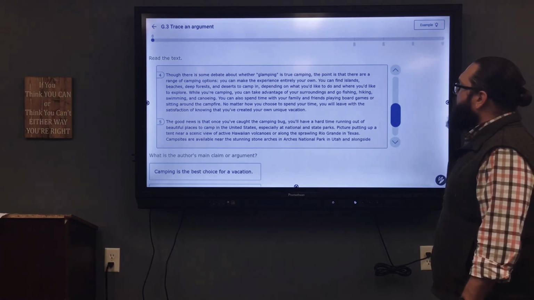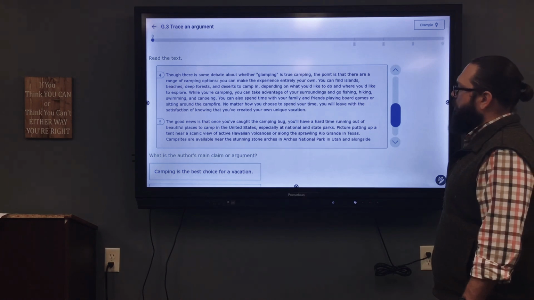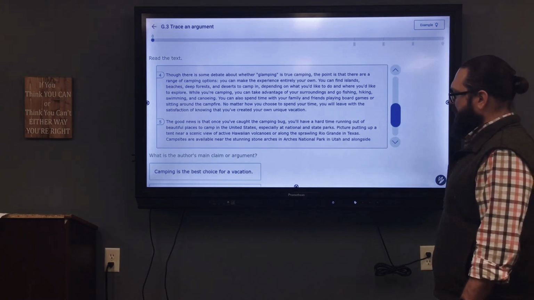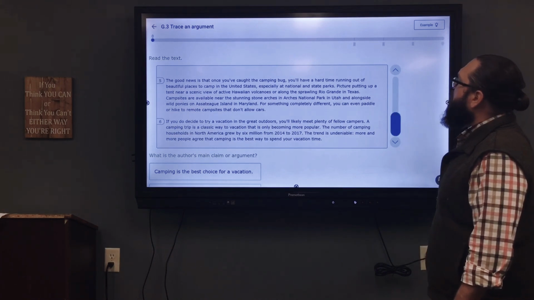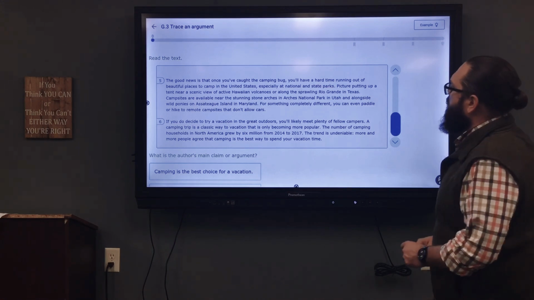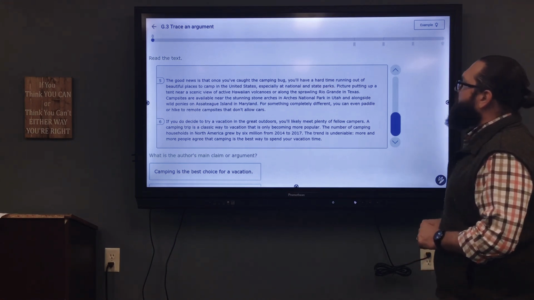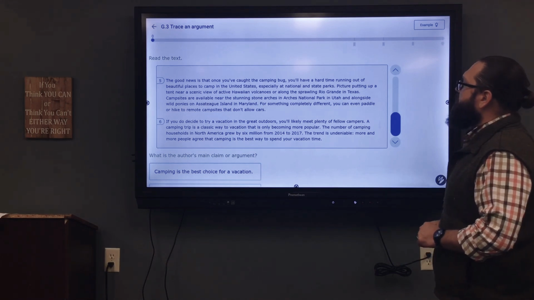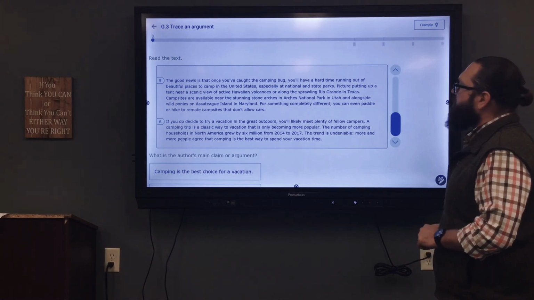No matter how you choose to spend your time, you will leave with the satisfaction of knowing that you've created your own unique vacation. The good news is that once you've caught the camping bug, you'll have a hard time running out of beautiful places to camp in the United States, especially at national and state parks. Picture putting up a tent near a scenic view of active Hawaiian volcanoes or along the sprawling Rio Grande in Texas.